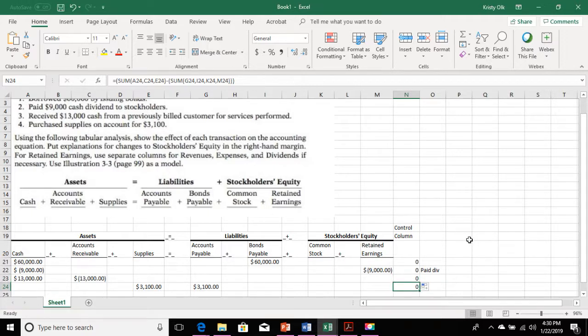So here is just a very basic walkthrough on how you would do this in a tabular format. You can do this with anything.